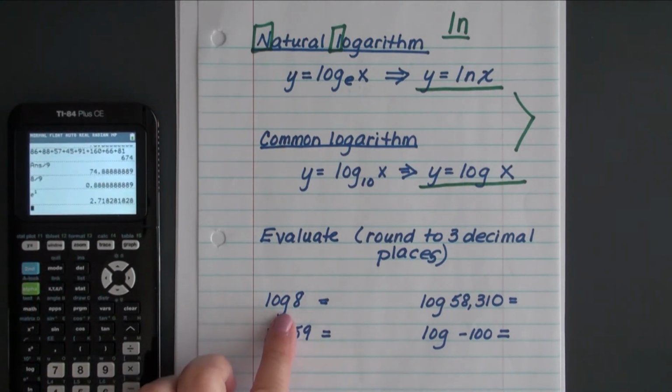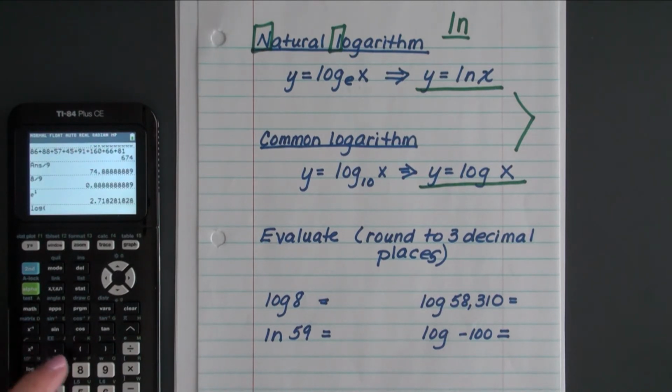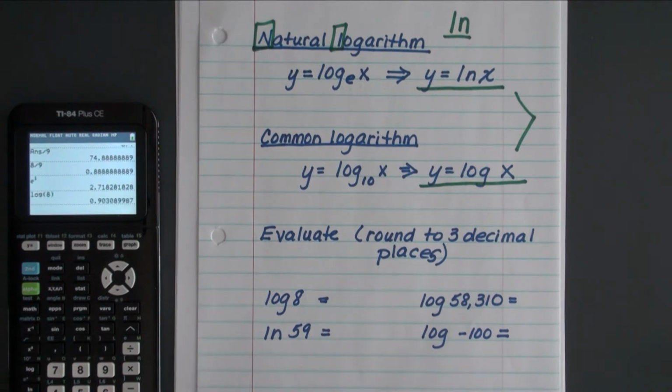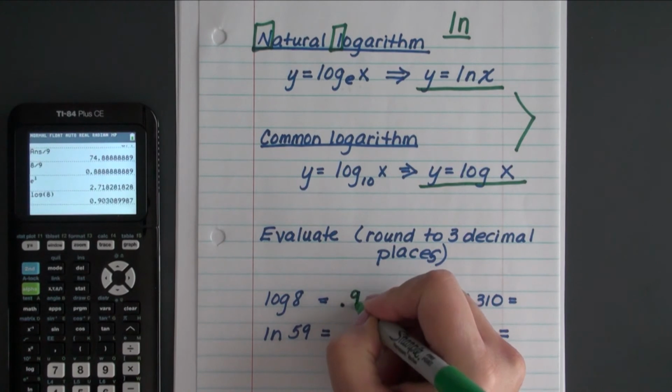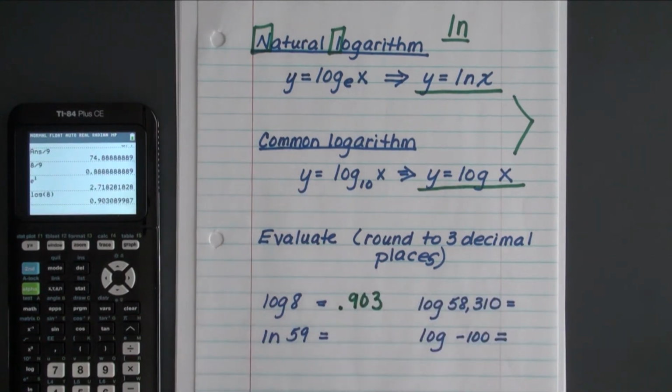So all you do to find log of 8 is press the LOG button. The LOG button is just to the left of the 7. Press log of 8 and enter. And to 3 decimal places, that would be 0.903.